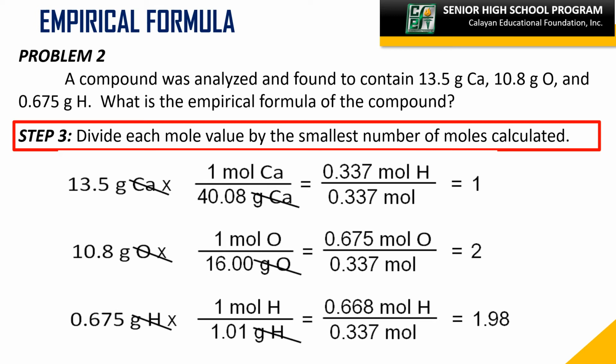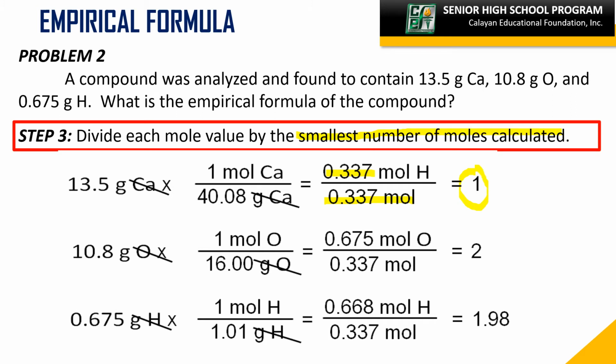Now for step 3, we have to divide each mole value by the smallest number of moles calculated. Among the three, the smallest number of moles calculated is 0.337. So this is the value that we're going to use. So 0.337 divided by 0.337 moles will give you an answer of 1.